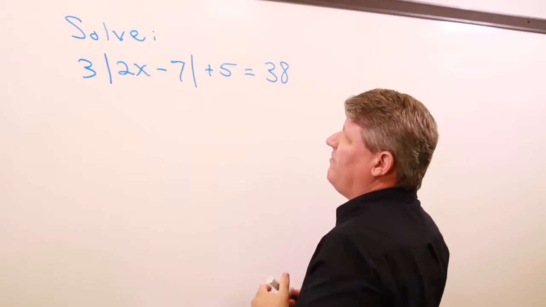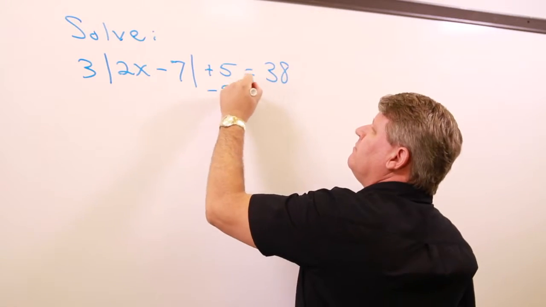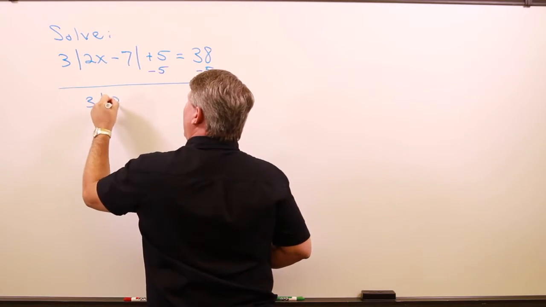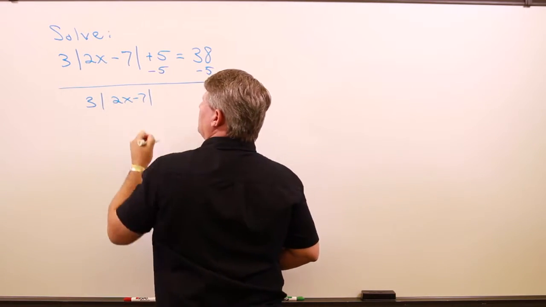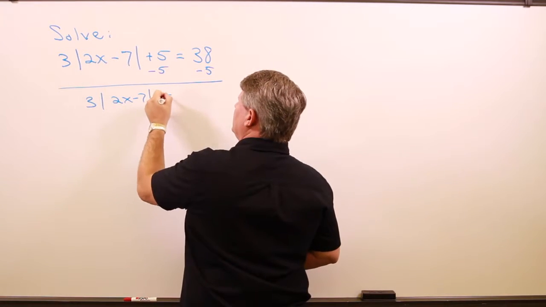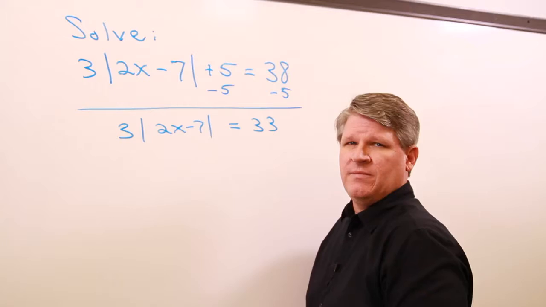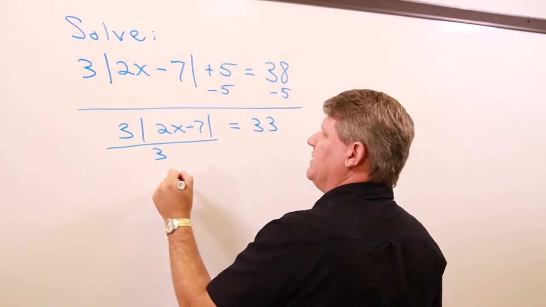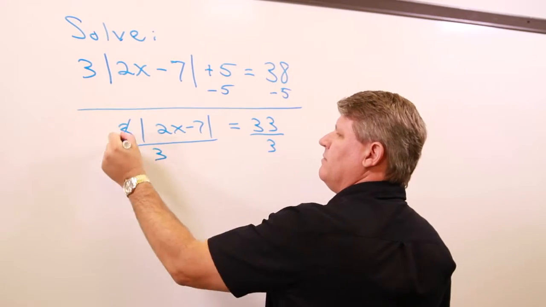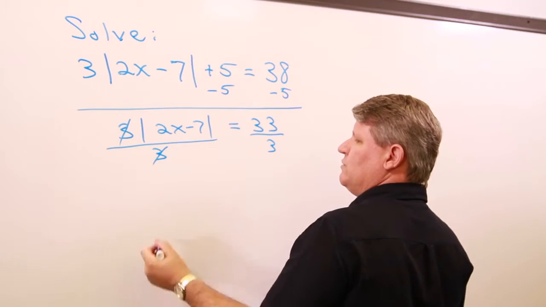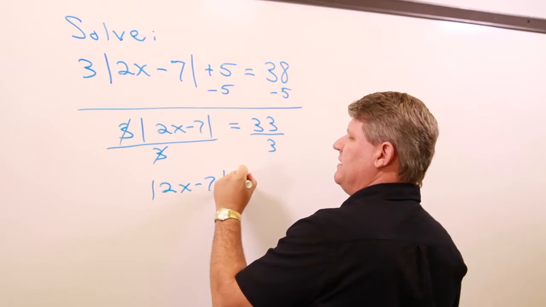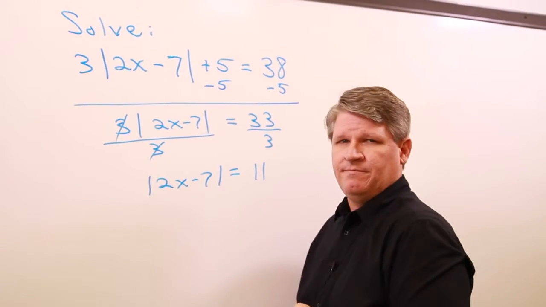We would subtract the 5 from both sides and get 3 times our a, which is really just the absolute value of 2x minus 7, is equal to positive 33. Then we would divide both sides by 3. So we end up with the absolute value of 2x minus 7 is equal to 11.